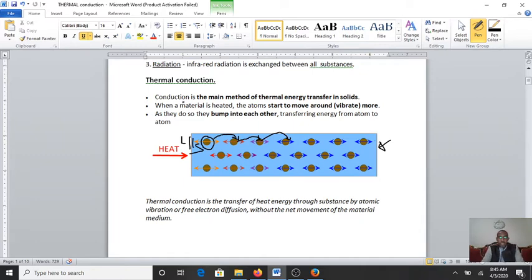So what we are saying here is that conduction is the main method of thermal energy transfer in solids. That's point number one. Then when a material is heated, the atoms start to vibrate more. They were vibrating before, but they vibrate more and collide with one another, transferring energy. These are examples of inelastic collisions.